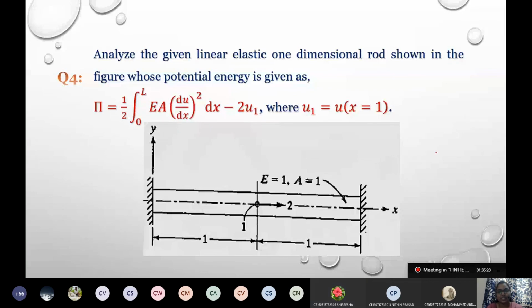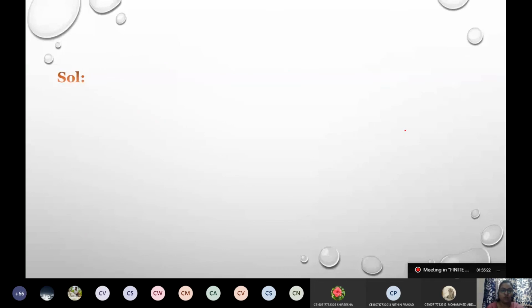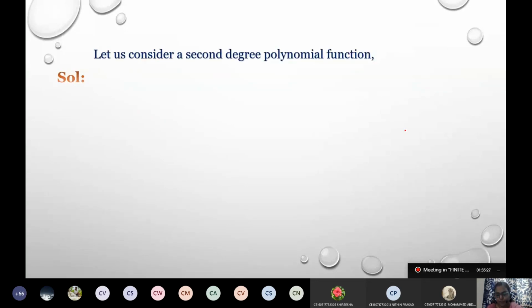Yes, ma'am. Right. Now, we'll go for the solution. Let us consider a second-degree polynomial function. See, I said when we are going for the potential energy approach for the three-dimensional elastic problems we have seen in the derivation, we consider that in terms of polynomial functions. The reason to take the second-degree polynomial function here is, if you clearly check the given equation of potential energy, our displacement term is a second-degree term.